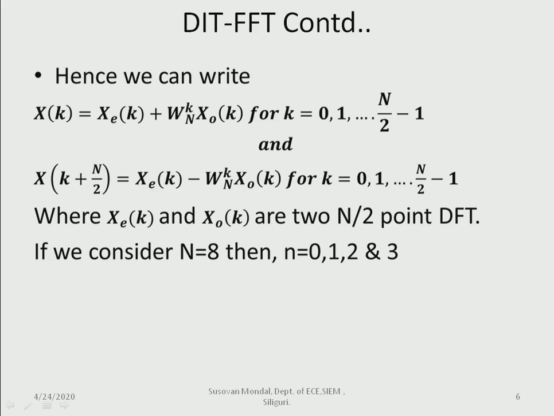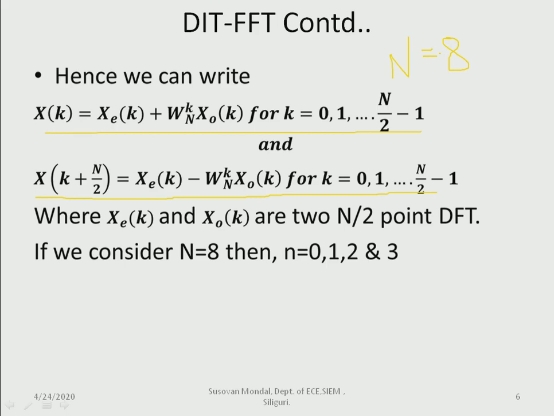We can write that X of k is equal to this for k equal to 0 to N by 2 minus 1, so in this case we are taking the first half of the samples, and X of k plus N by 2 is equal to this. So we are taking k from 0 to 3 here, and here from 4 to 7, if we assume that capital N equals 8.